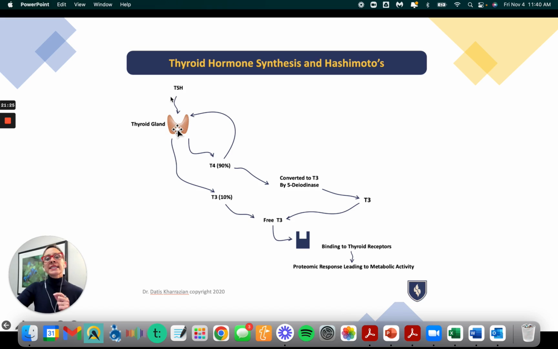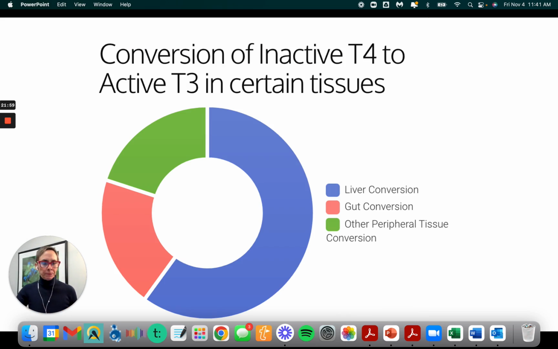If we're only testing TSH and we find that TSH is high, so that tells us that T4 is low, and we stop there, we give you thyroid hormone in the form of T4, but the problem is actually out in the periphery and not enough is getting to the active T3, you're still going to feel really poorly. Right? Does that make sense? Yeah, and we'll go over it again.